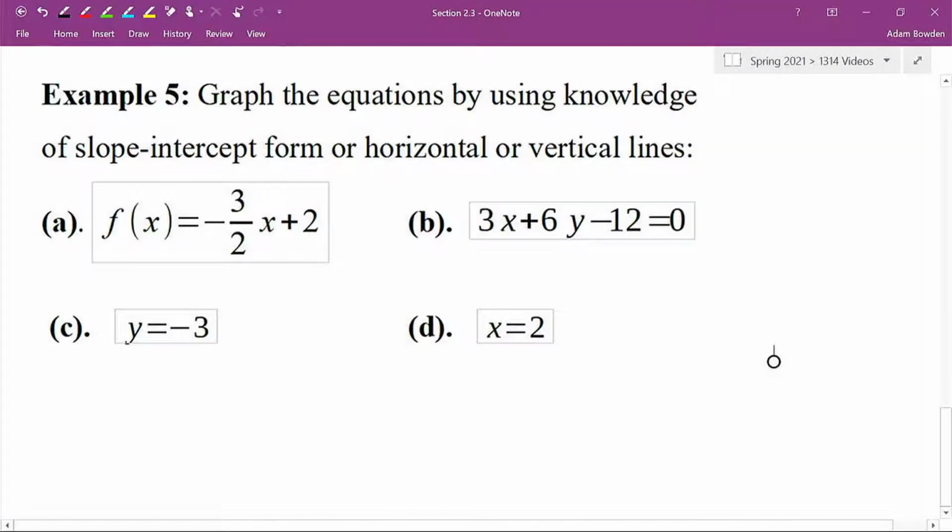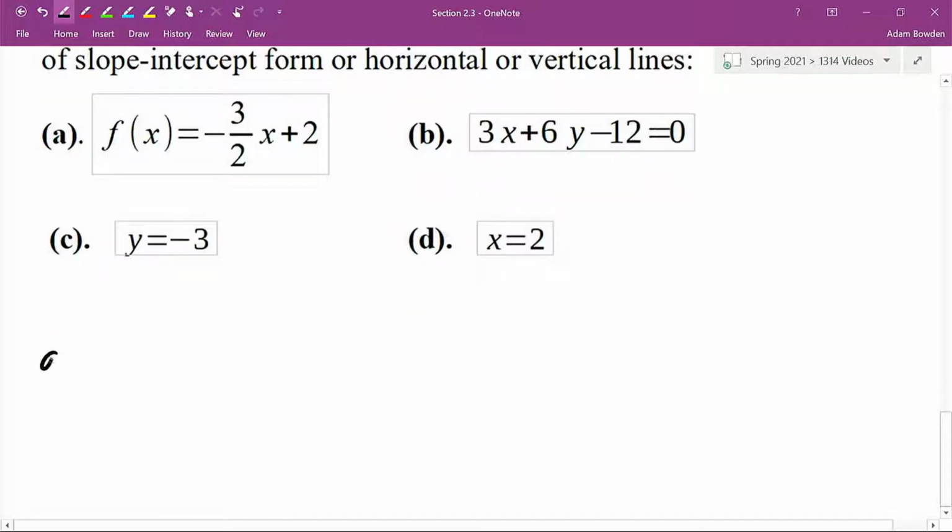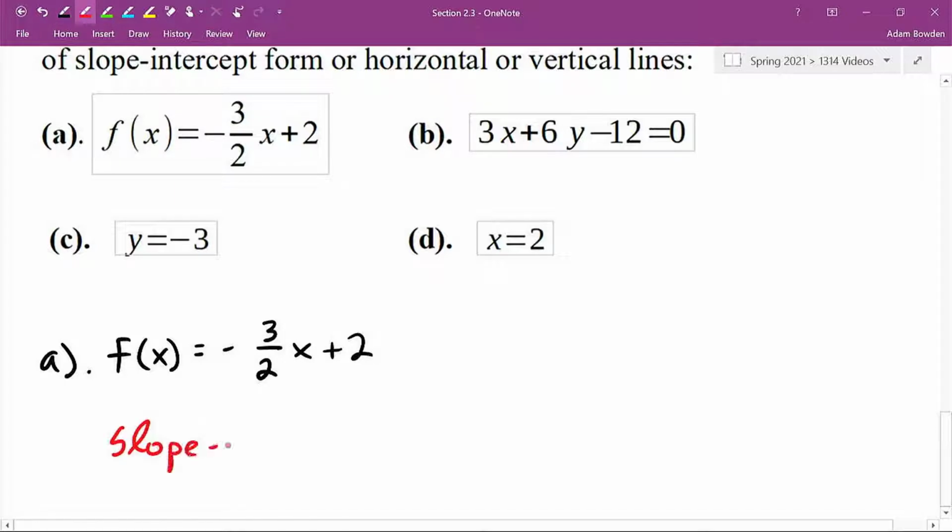In this example, we're going to graph the equations by using our knowledge about slope-intercept form and horizontal or vertical lines. On the first one, f of x is equal to negative 3 over 2x plus 2. Now this is what we call slope-intercept form: y equals mx plus b.